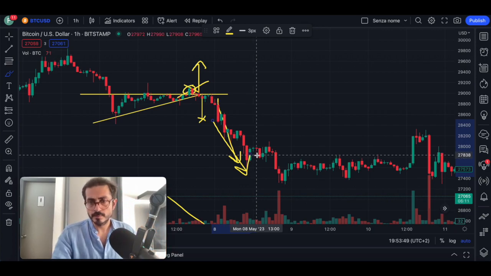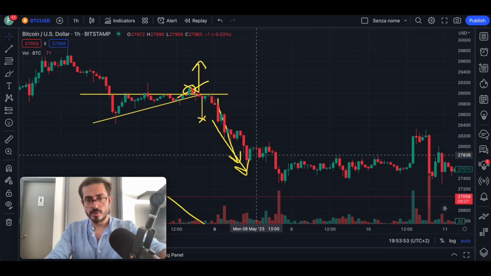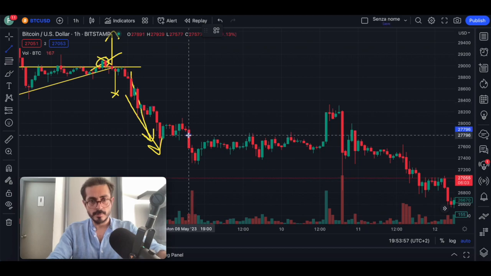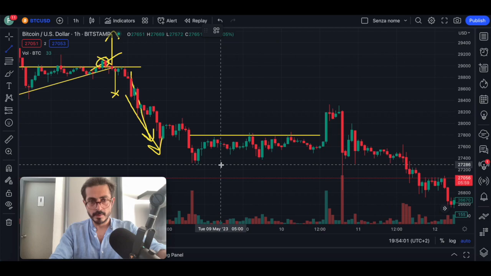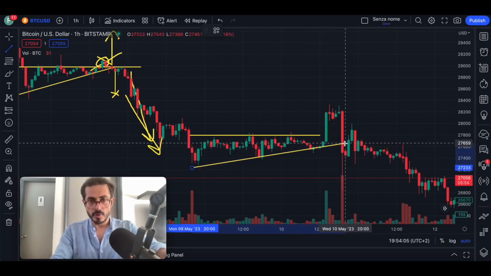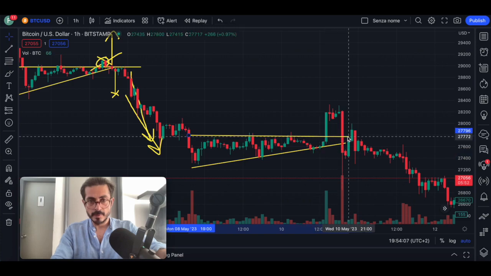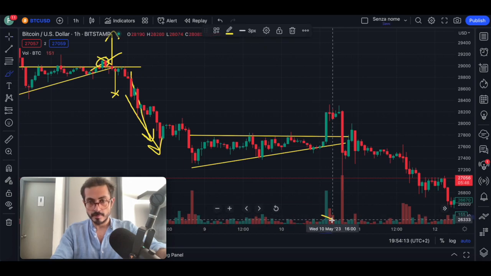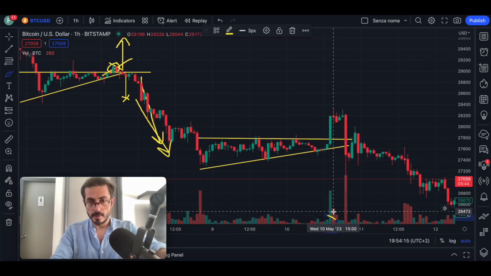And guys, now I want to show you something here, because we formed another triangle here. It's another ascending triangle, and this time we broke to the upside, and we also saw a volume spike, as you can see here, this green volume spike.